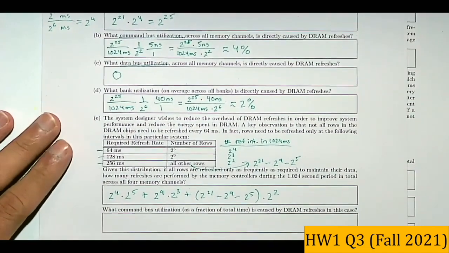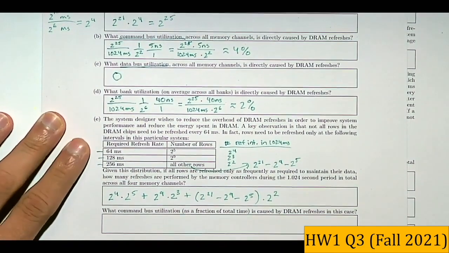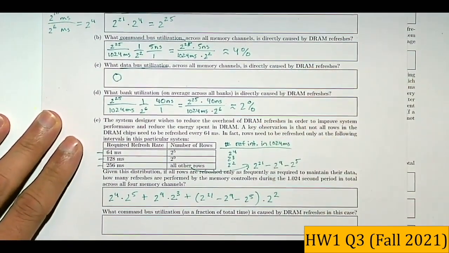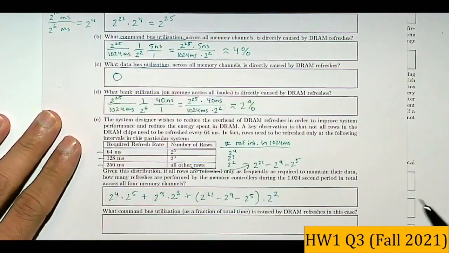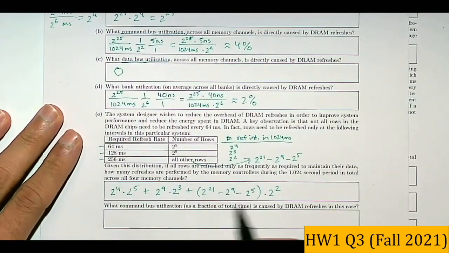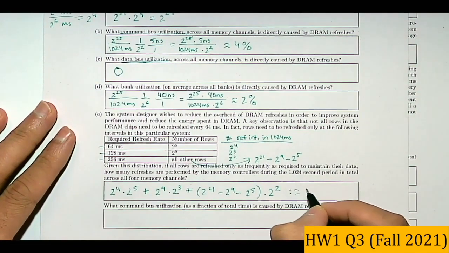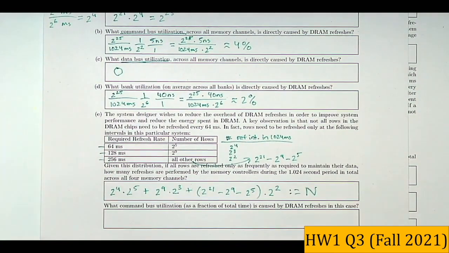Okay. The next part is the command bus utilization. This computation is basically exactly the same as we do up here, except instead of 2 to the 25 refreshes per channel, we have a different value. Instead of writing this repeatedly, I'm just going to define this as a variable n, which makes this a little bit easier.